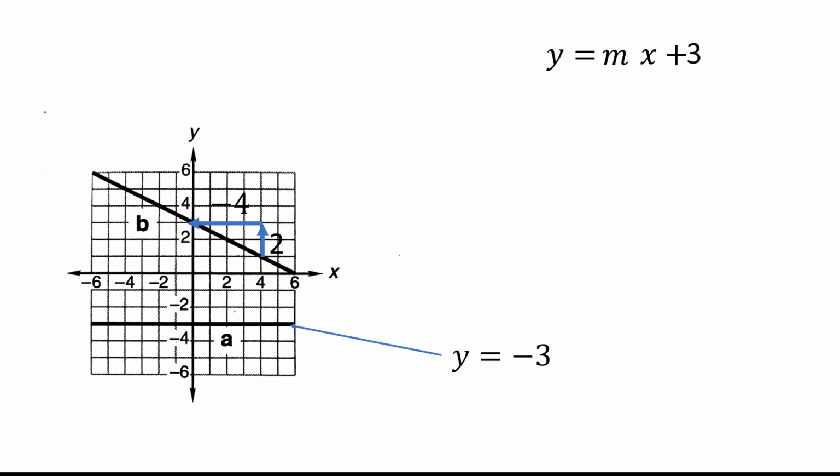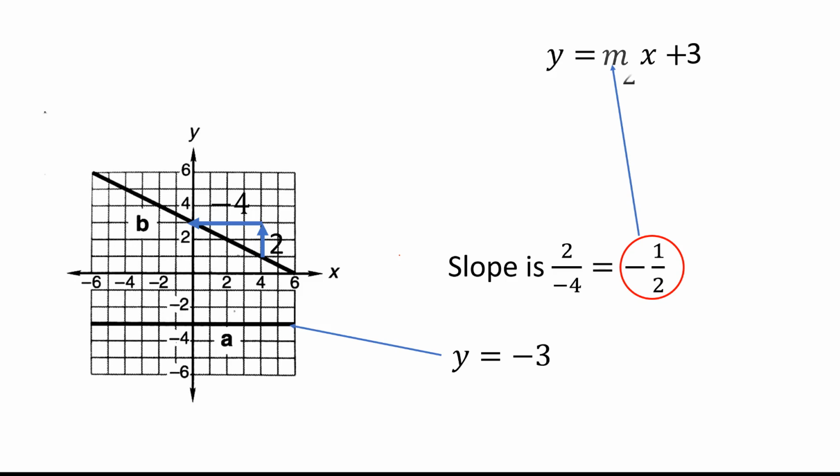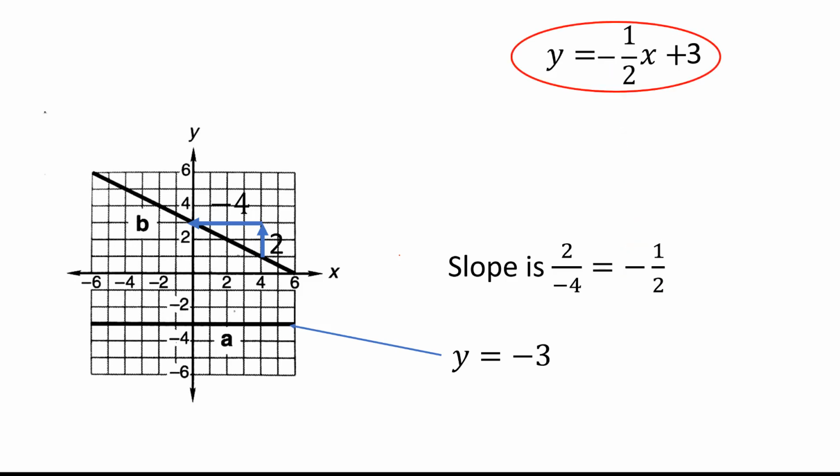So rise over run is 2 over -4, which is just -1/2. So that's our slope. We put that in for m, and that's it. That's our equation. Y equals mx plus b. Y equals -1/2 x plus 3. So you find the slope, you find the y-intercept, and you write your equation.